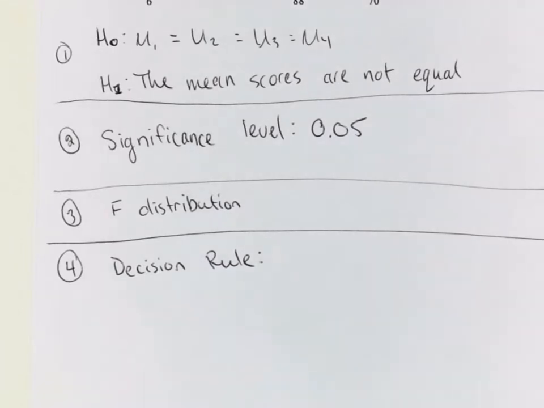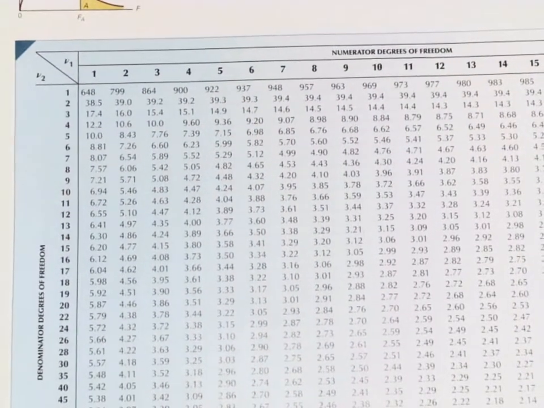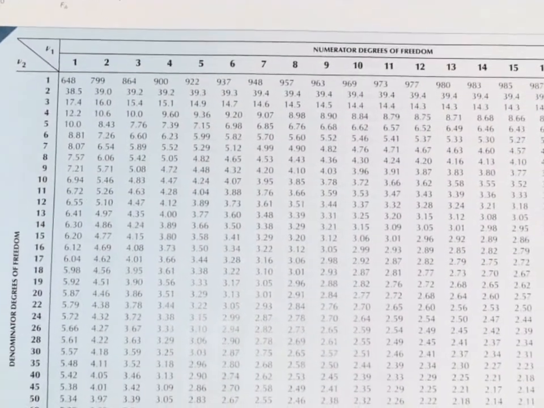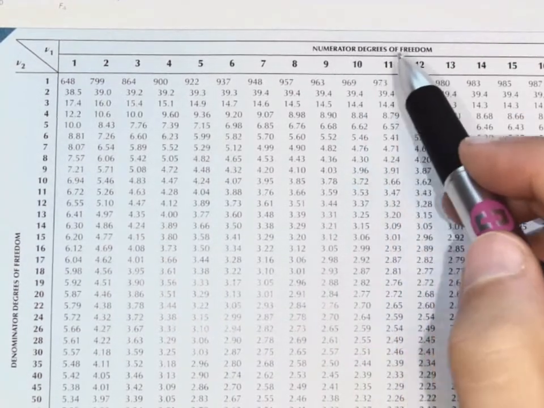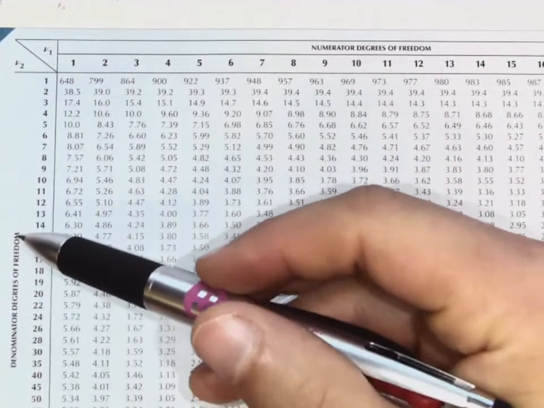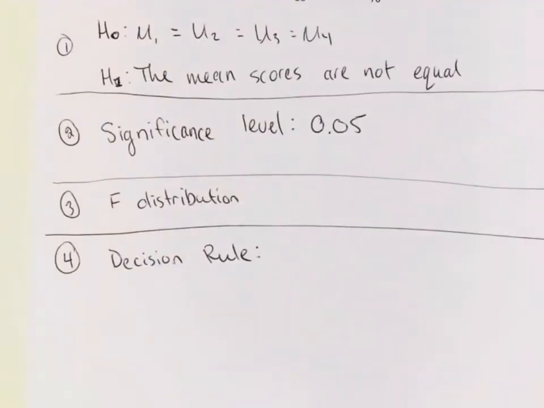So when we look at our F distribution tables, you can see that we have a numerator degrees of freedom and a denominator degrees of freedom. So what we need to do is determine our degrees of freedom. You can find this on your formula sheet.